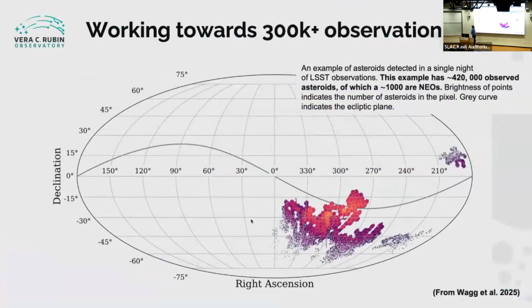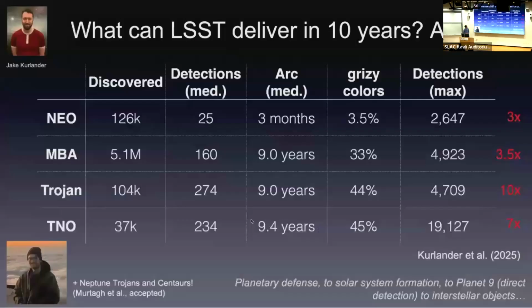This is from a simulation. Once we have full templates, we will have on the order of 400,000 observations per night. For example, in this simulation, we're looking at NEOs, and we have 1,000 NEOs observed in one night. When you do that night over night over night, you get something like this. And this is what we hope to hear about over the next couple of years at this conference and others.